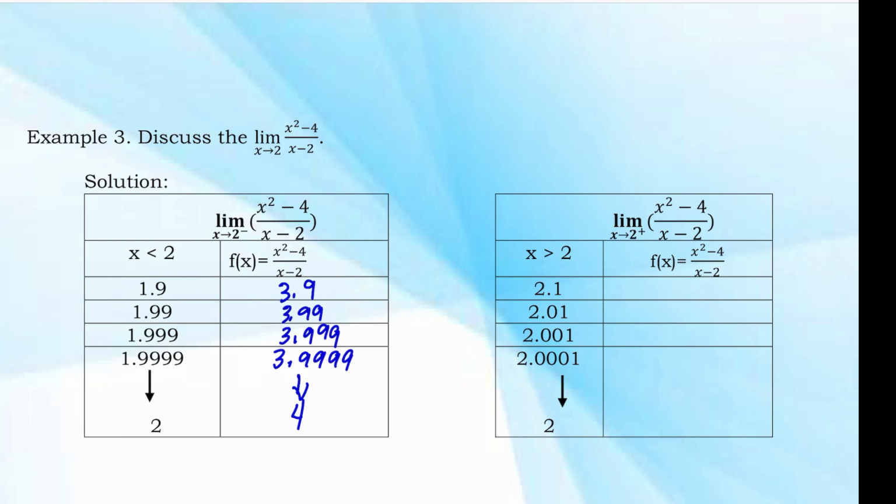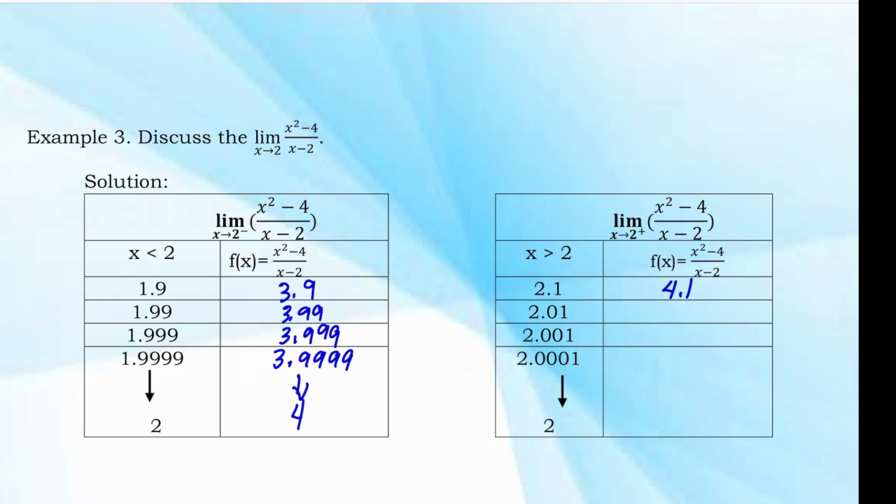Next, on the right side of 2, x approaching 2, we're going to use the numbers after 2 but closer to 2. What are these numbers? 2.1, 2.01, 2.001, getting closer to 2, or 2.0001. Let's use these to evaluate the function. Using 2.1, the function will become 4.1.